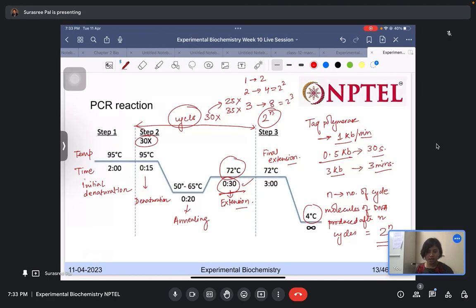So it begins with initial denaturation, then cyclically denaturation, annealing and extension, followed by final extension where we allow some time for the polymerase to extend any leftover product which might be there. And then finally this reaction is stopped by taking down the temperature to 4 degrees centigrade. So this is the PCR reaction scheme.